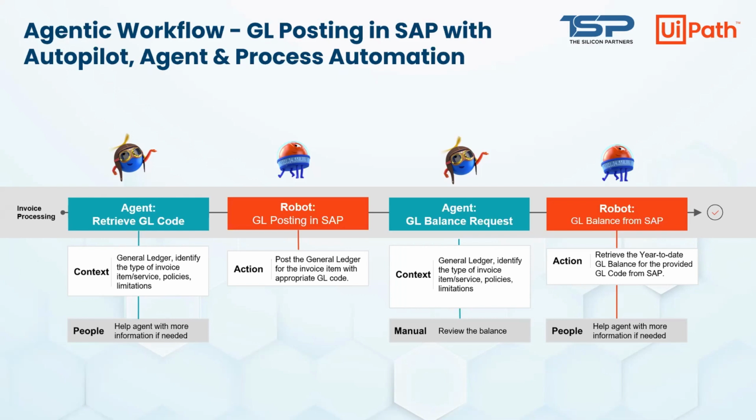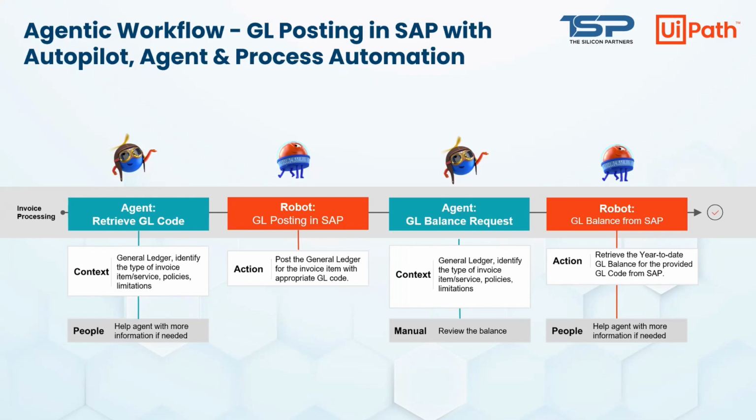And that knowledge base could be a list of general ledger codes, a list of the policies, a list of the items and services which are allowed, and a list of the limitations which have been defined for those GL codes, right?